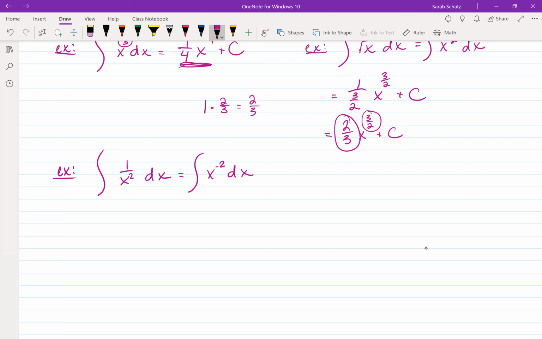And then I would continue on using my power rule where n is negative 2, so n plus 1 is negative 1. What's the rule? It says 1 over n plus 1, so 1 over negative 1 times x to the n plus 1 plus c. As far as simplifying this one goes, I would just call this negative x to the negative 1.